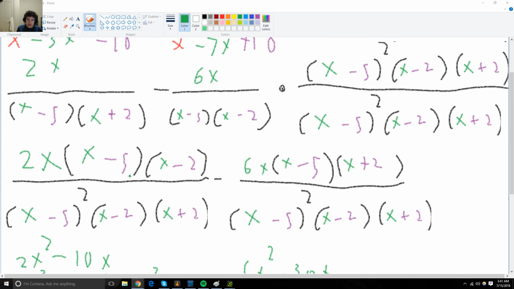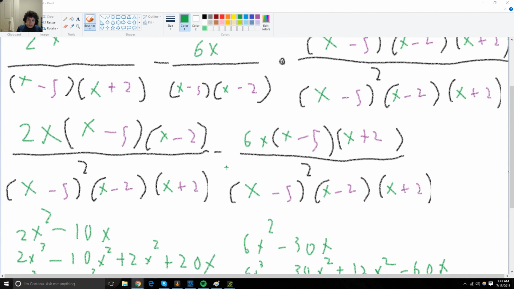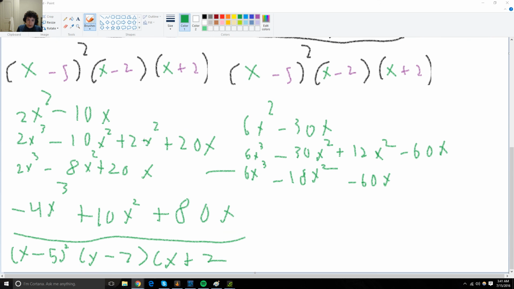Then there's something I didn't do, where you have to cancel things. There's some stuff you have to cancel. I didn't do that. But do that, and then you have to simplify, which I didn't finish. But yeah, hope this covers pretty much all the bases.